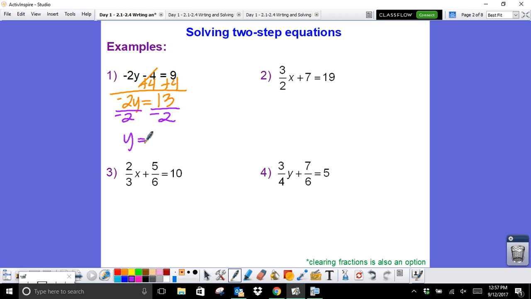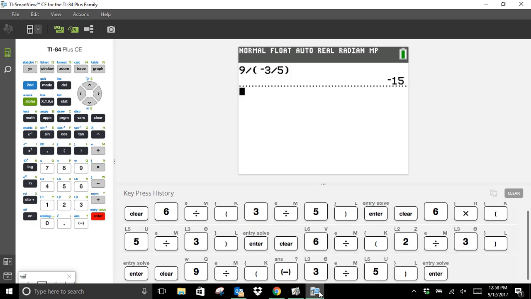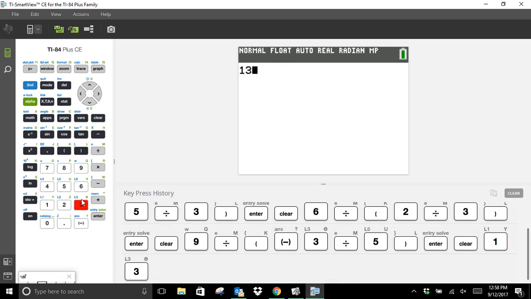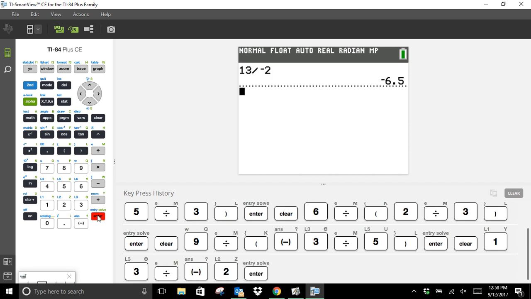Okay, and let's talk about fractions real quick. Okay, I normally want your answer to be in a fraction form, in an improper fraction. Don't give me any mixed fractions. So what I would do every single time is just go to your calculator, go ahead and type in 13 divided by -2. It's going to give you a decimal. Now even though that's a nice decimal, I really don't want your answer as a decimal.